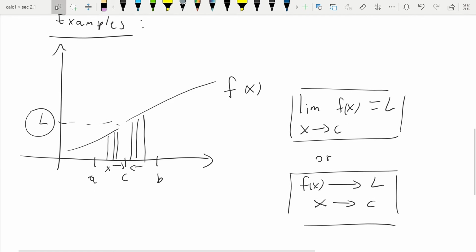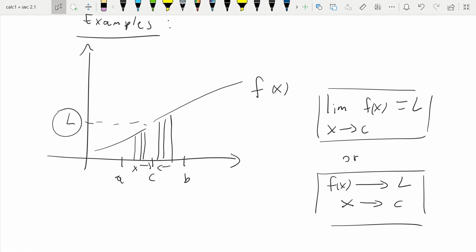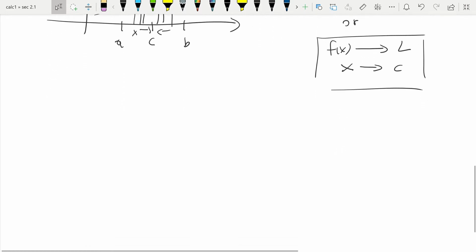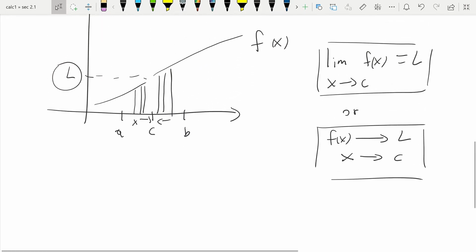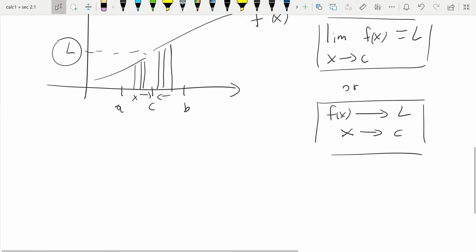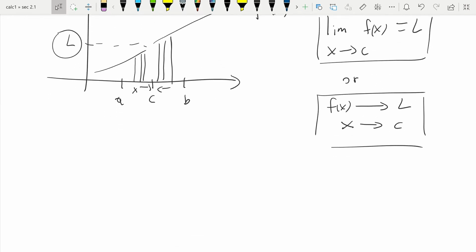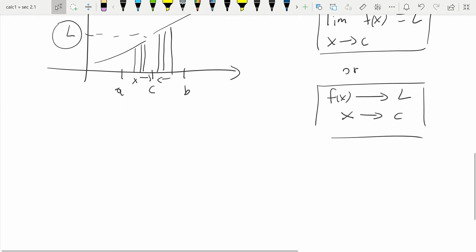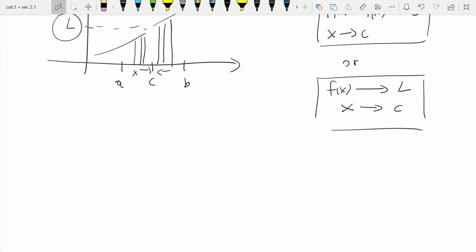So in this case f is approaching a certain number L as x approaches c. As we will see later when we define this more rigorously, f need not be defined at the point c itself. We just need to know what happens as we get closer, but when we're not at the point c.